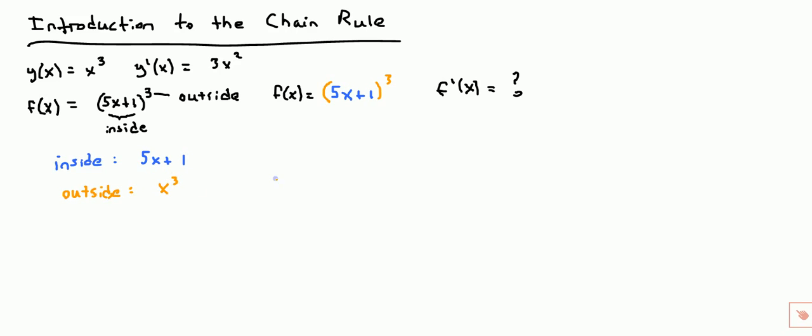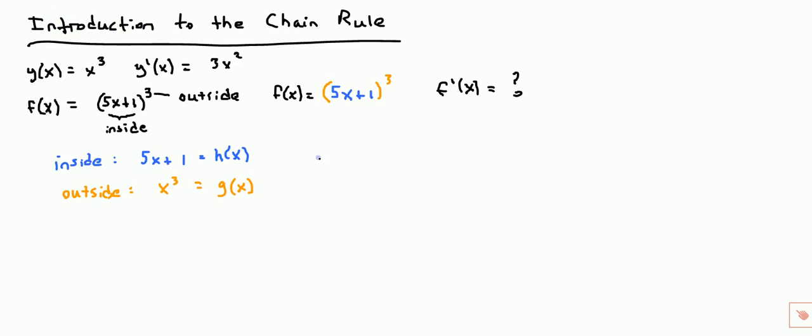Okay, so how would we write f of x in terms of these guys? Well, let's call the outside function g of x. And let's call the inside function h of x. These are just arbitrary names that we're coming up with.